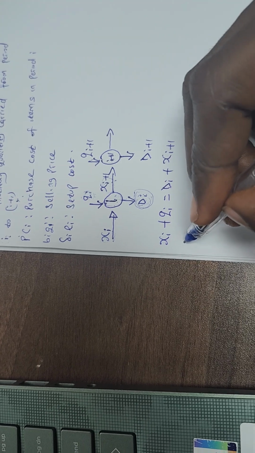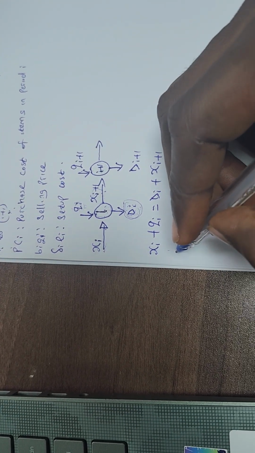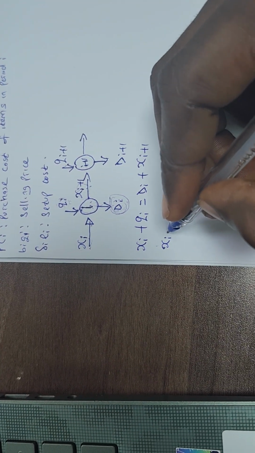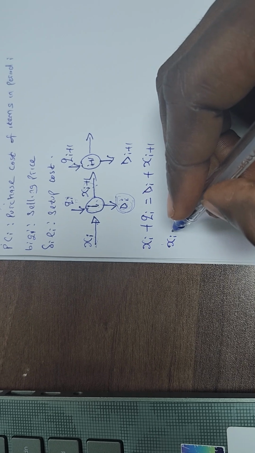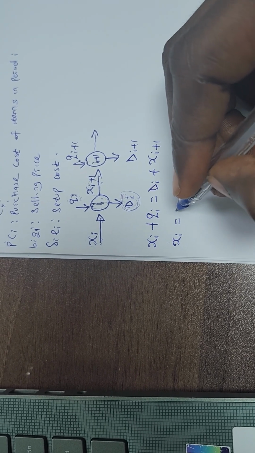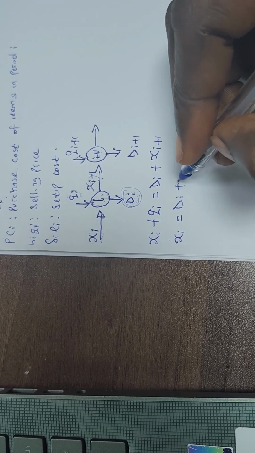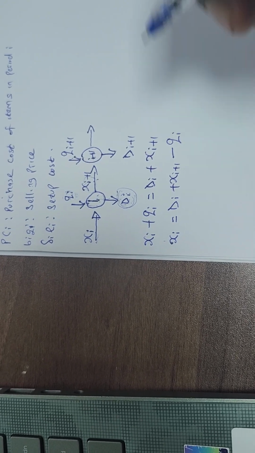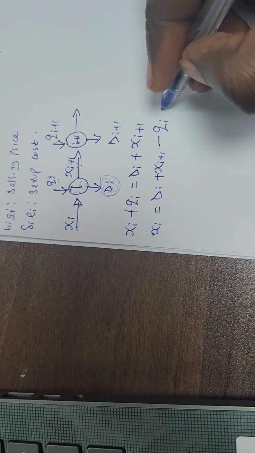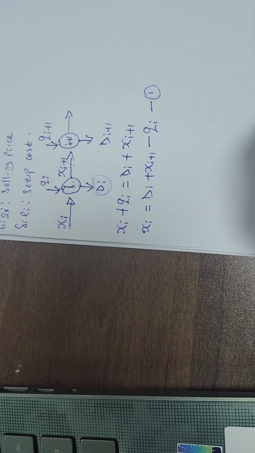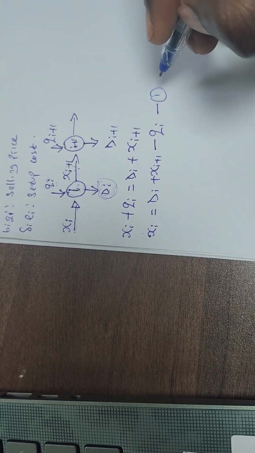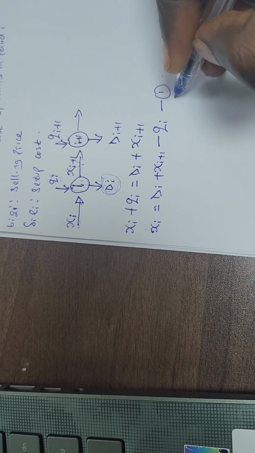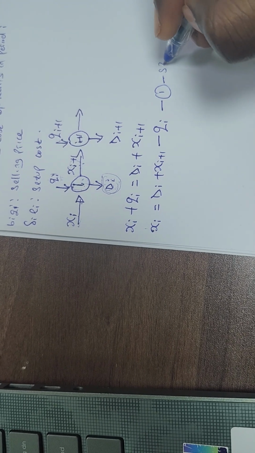So I can say here that my starting inventory is equal to DI plus XI plus 1 minus my QI. Take this as equation 1, my starting inventory.